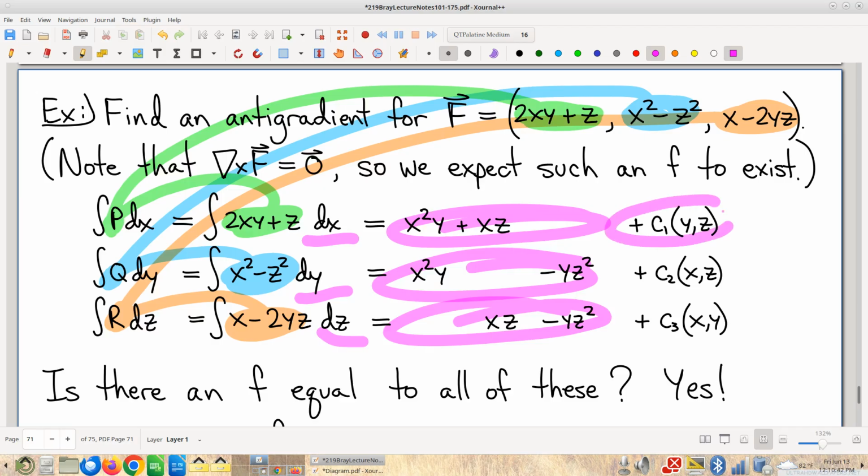Don't forget your partial constants. All I've done here is just write down what we set up on the previous page. Thus begins the game.